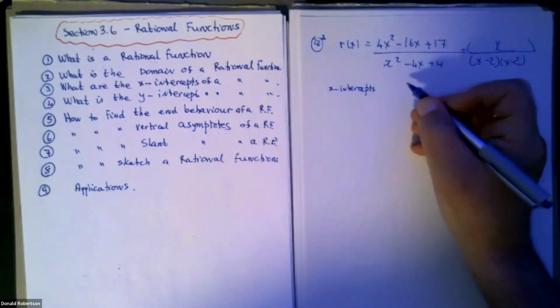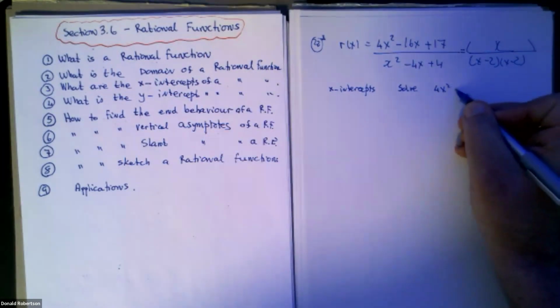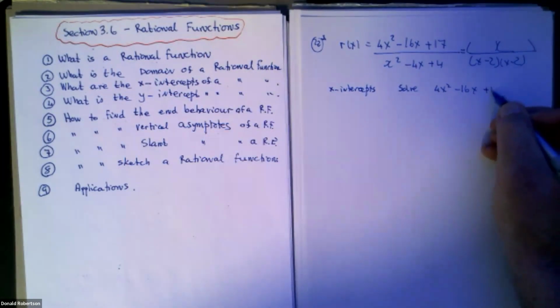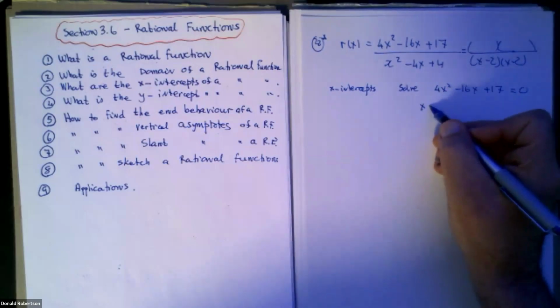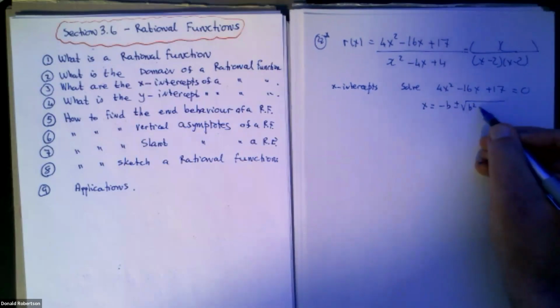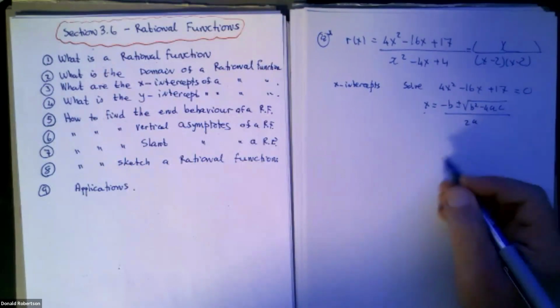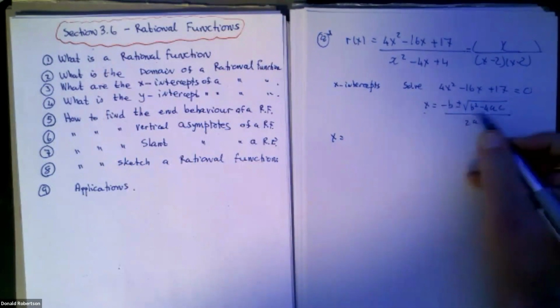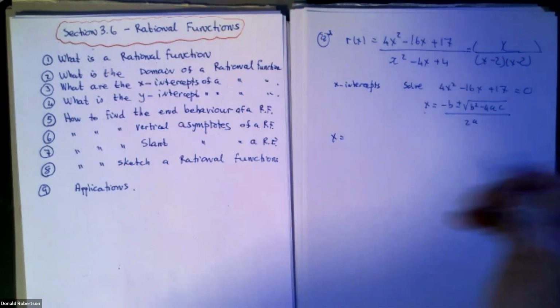In fact, if I try to solve 4x squared take away 16x plus 17 equals 0, I know it doesn't factor. If I do x equals negative b plus or minus the square root of b squared minus 4ac, all over 2a, I'm going to find out that it is a negative number inside the square root, so there are no x-intercepts.